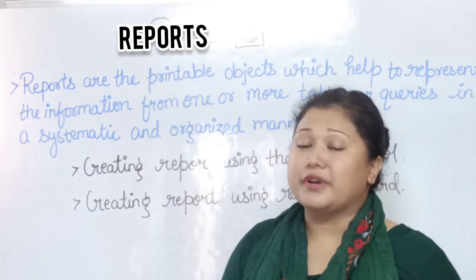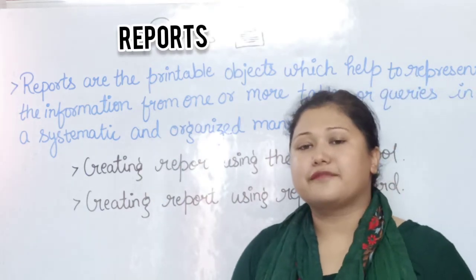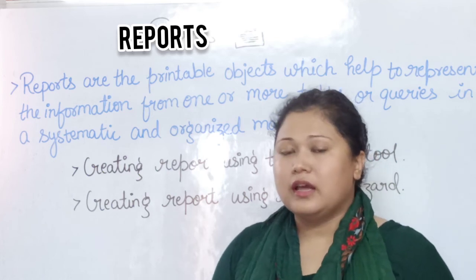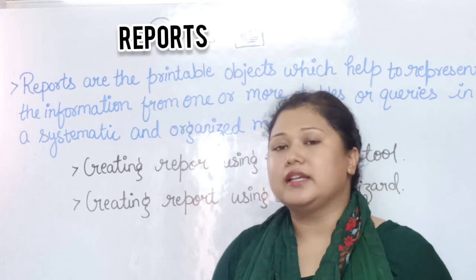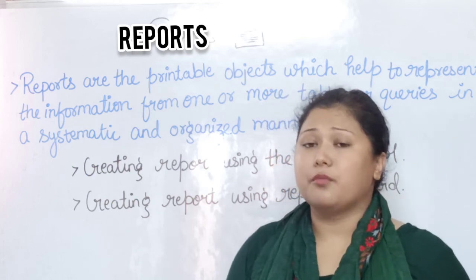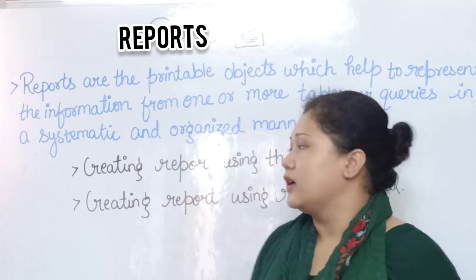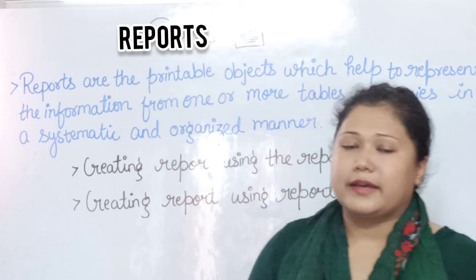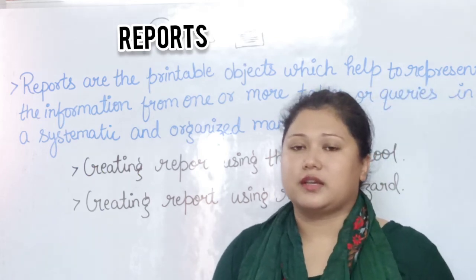It is also a printable form of MS Access. Suppose you have created a table, and with the help of the table you can create the report as well. This is the most important part of MS Access objects, because here we are creating a totally different object.